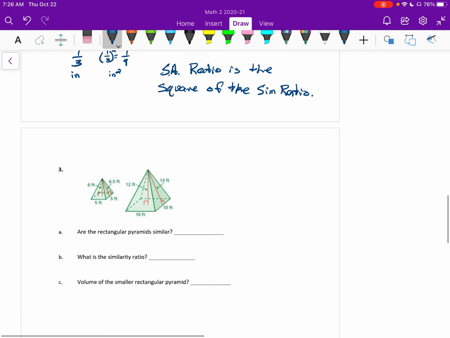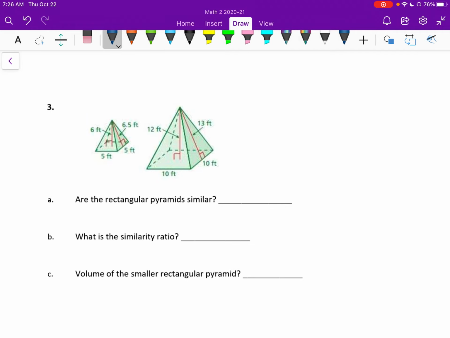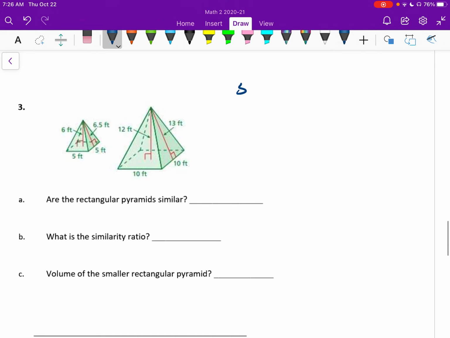Now let's look at the third one here. So here we have two rectangular pyramids, or I guess they're square pyramids also. And we want to know, are they similar? Well, the base of them has 5 to 10. The height is 6 to 12. And the slant height is 6.5 to 13.